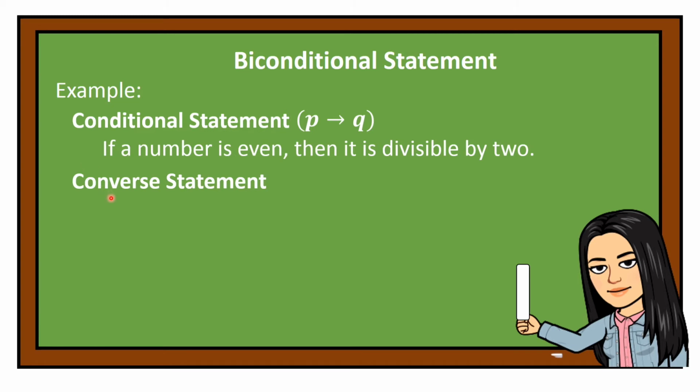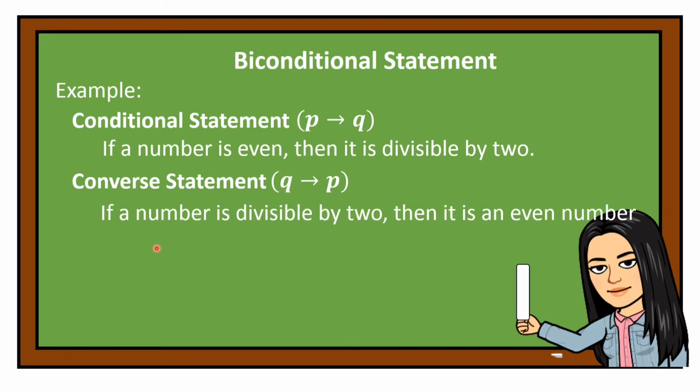Next, from our conditional statement, let us make the converse statement, if Q, then P, or Q implies P. This will become, if a number is divisible by 2, then it is an even number. If we analyze our converse statement, this is also true.